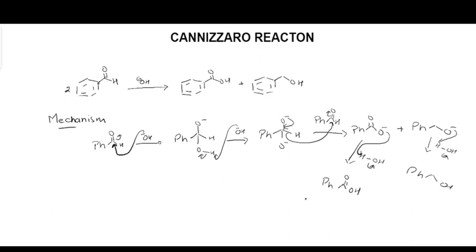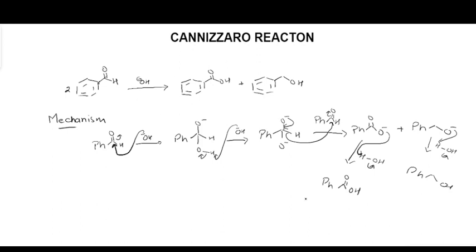So you saw that benzaldehyde is converted into benzoic acid and benzyl alcohol, which means that half of the molecules carrying out the reaction are oxidized from aldehyde to carboxylic acid, and half of them are reduced to an alcohol, a primary alcohol.